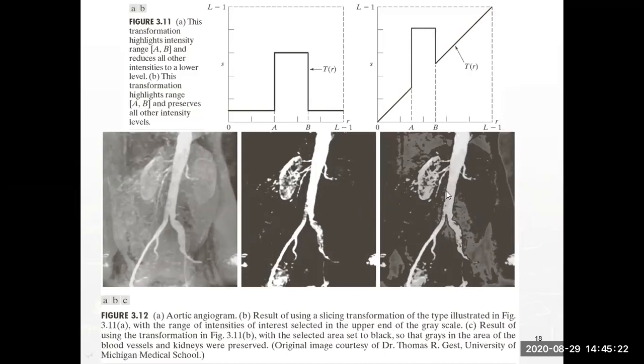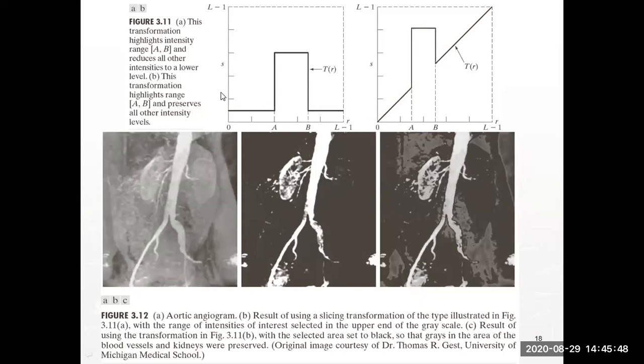First, second. In the first case, this is one transformation function, and this is another transformation function for highlighting. Here it is already shown that this transformation highlights the intensity range A and B and reduces all other intensities to lower. That means in between A and B only, more white; below A and above B becomes more dark.